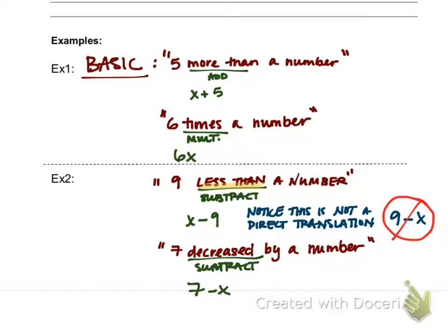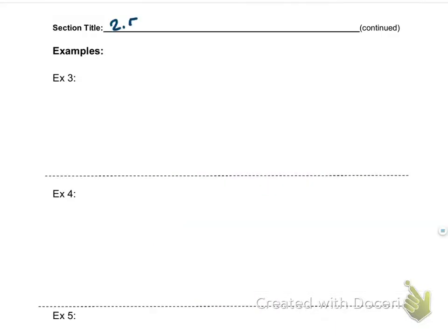We're going to take a look at some more advanced types of English expressions that have more than one operation. So please add your section title to the backside. We have 2.5 translating math expressions.